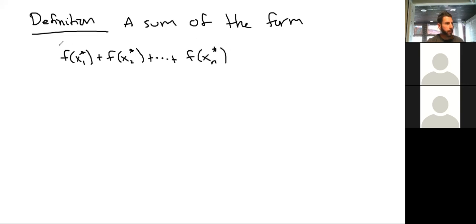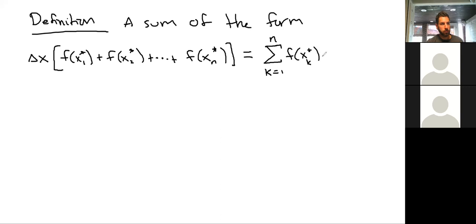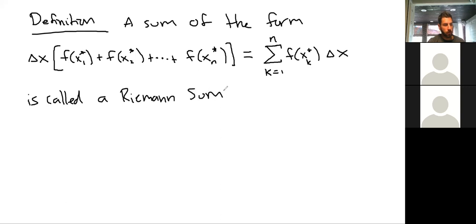If you take this sum and multiply it by delta x, which in shorthand can be written like this, this is called a Riemann sum of f on [a, b].